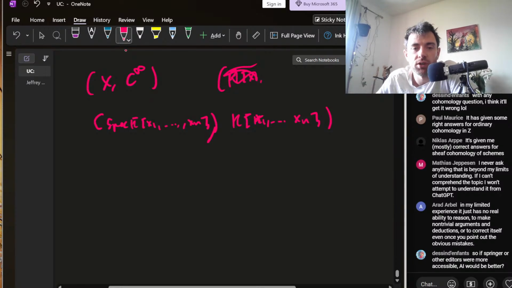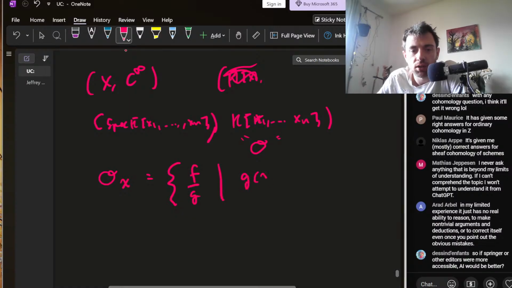Right? Because why is this? This will always be a local ring, right? So if we take, I'll call it O for the sheaf, the stalk at any point is exactly going to be given by the ratios f over g of polynomials where g doesn't vanish at that point.